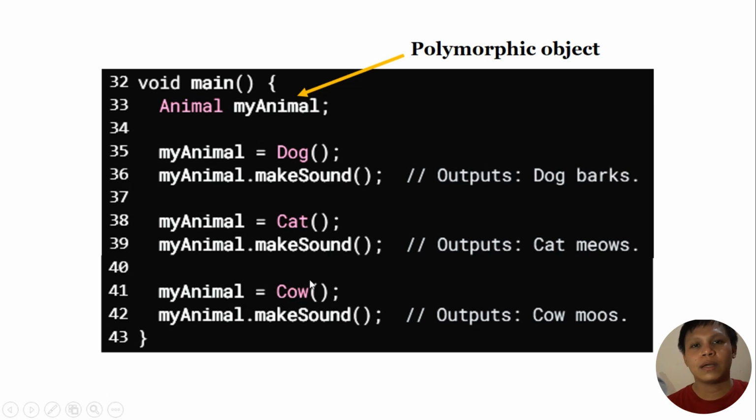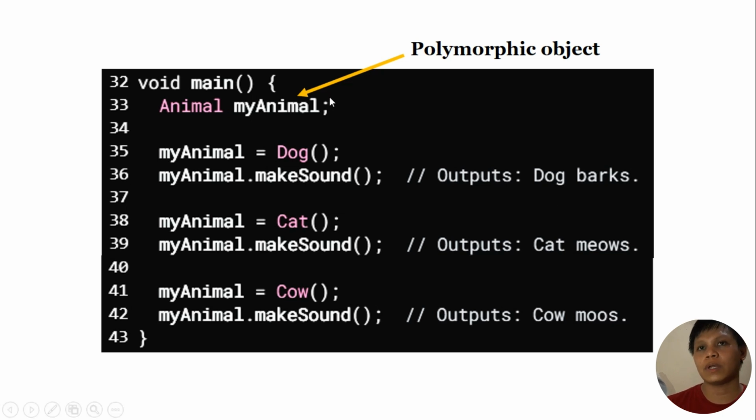So myAnimal has changed once again, the third time around: from Dog, to Cat, and now its current form is Cow. Once we call the makeSound method, the same method for the third time, the output is different again: Cow moos. With this example code, we just demonstrated the concept of polymorphism.